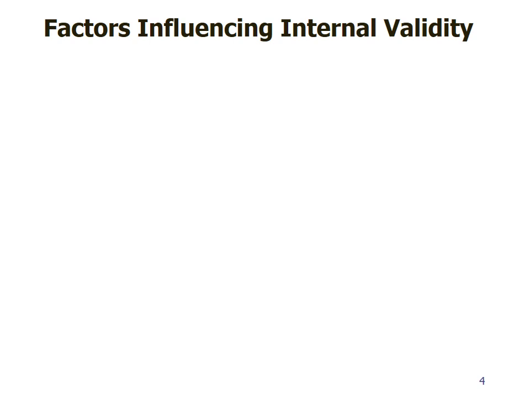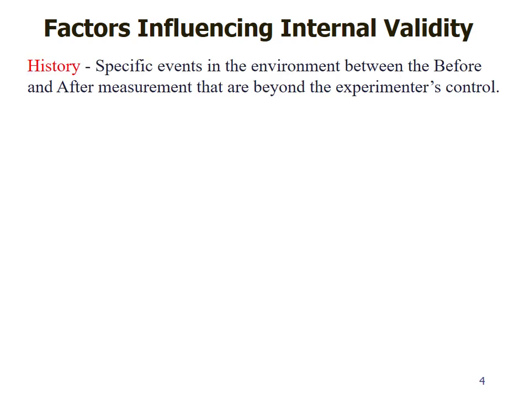One of these is history. You know that some experiments may last for 6 months or a year. And during the course of this experiment, events might happen which may interfere with or affect the experiment.